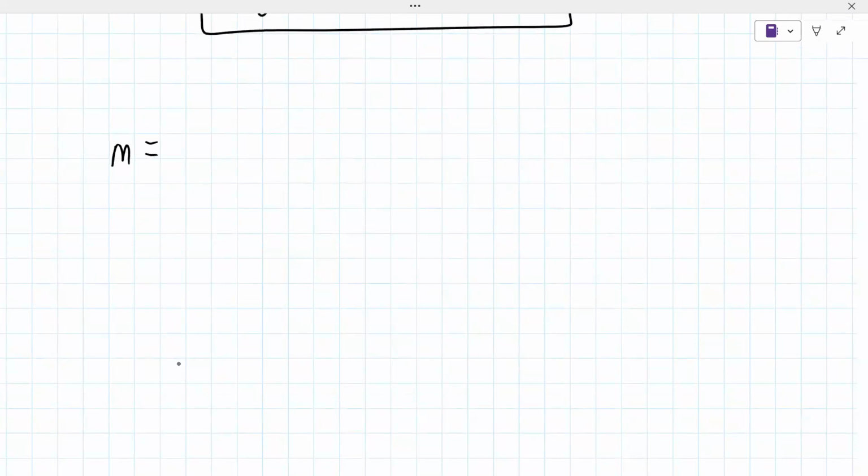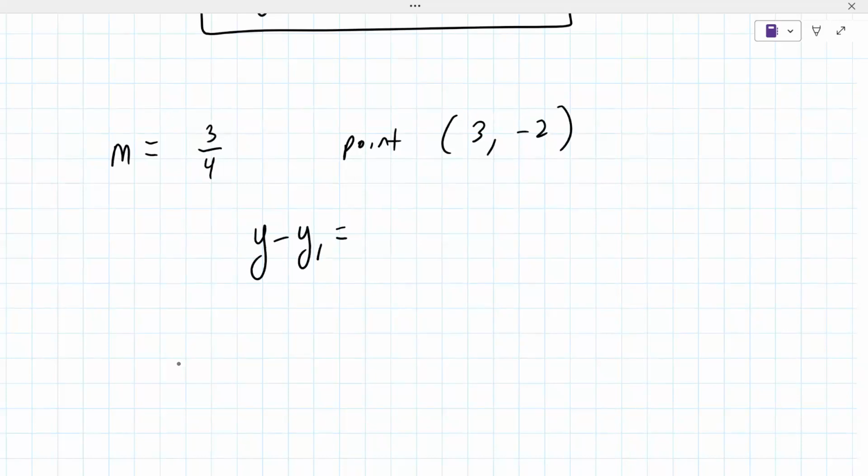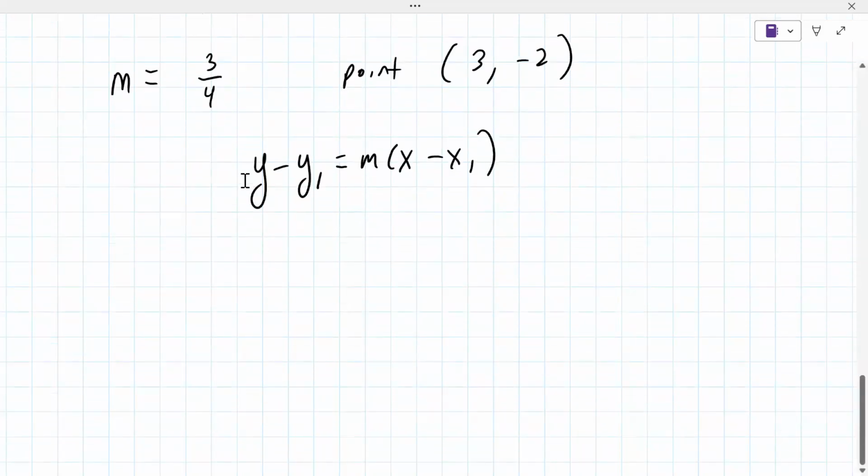Let's say the slope is 3/4 and the point is 3, -2. I'll write the equation here and ask you to give me the point slope form of the line.